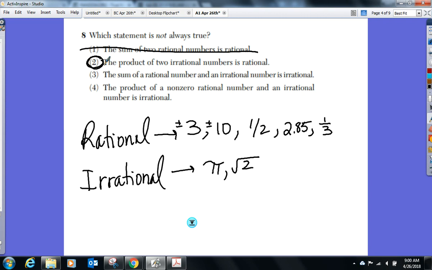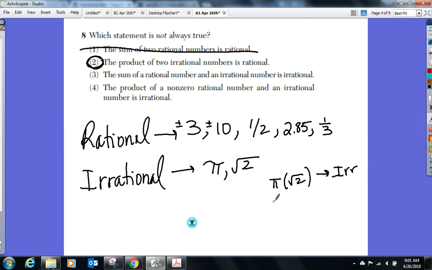Everyone all right? Questions? Go ahead. Saying that the product of 2 rationals can be rational, but it's not always rational. Because watch, ready? When I did pi times radical 2, irrational times irrational, what did you get? Irrational, right? That's not always the case sometimes, though. But this is saying not always true.